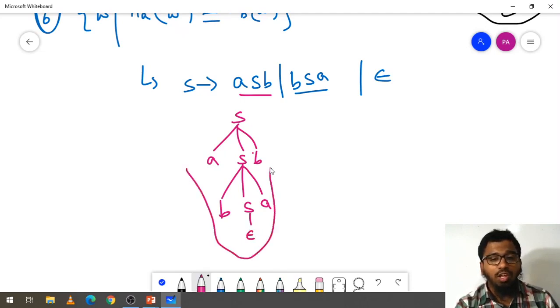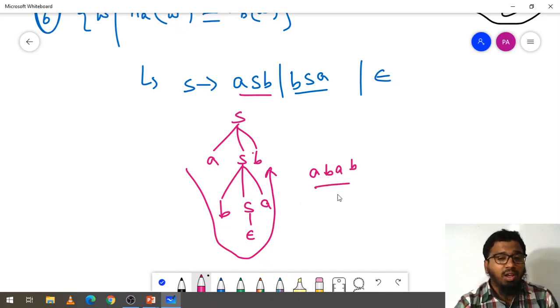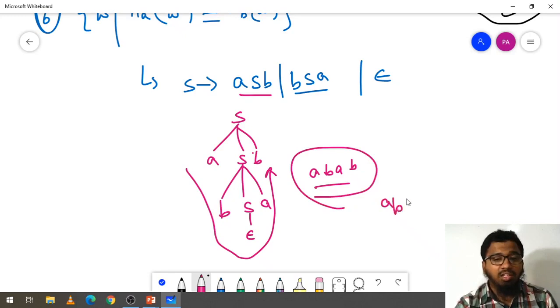What is the answer here? AB. But if we go this way, we will not get this string, ABBA. So for that, we need to concatenate in such a way that it will help to solve this.